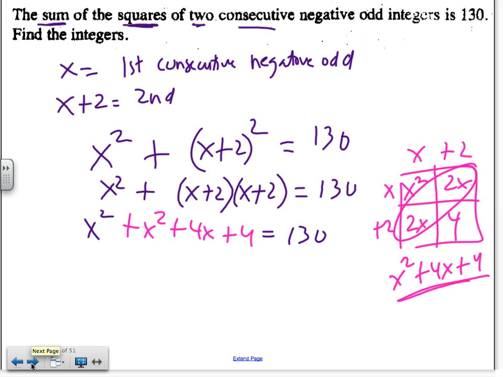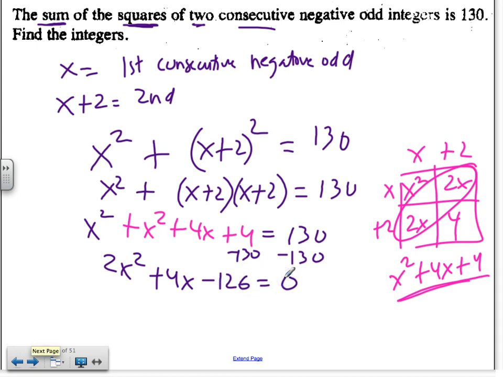Combine like terms. What is x squared plus x squared? 2x squared plus 4x. And I want to make this 0, so how do I make this 0? Subtract it. So subtract 130 over. If I subtract 130 over and plus 4, what is that going to get me? Negative 126.